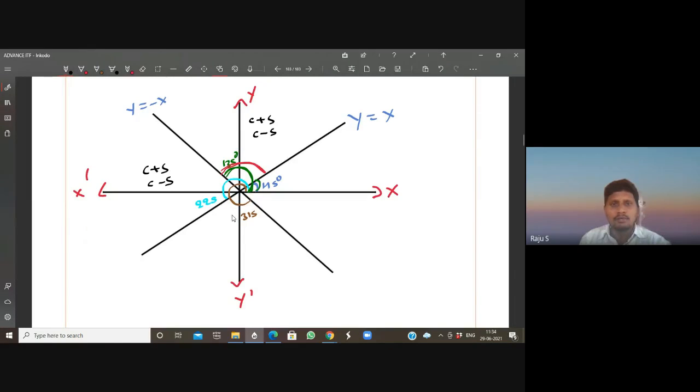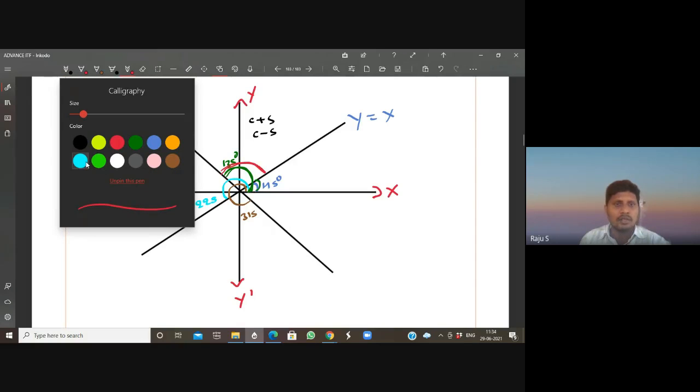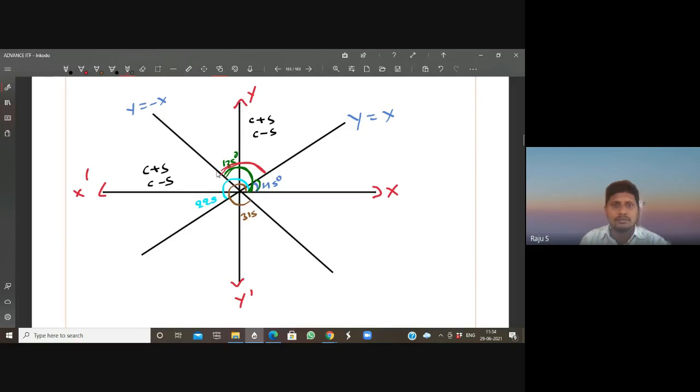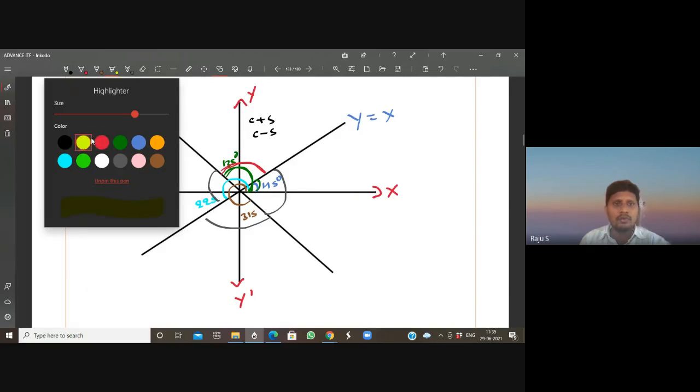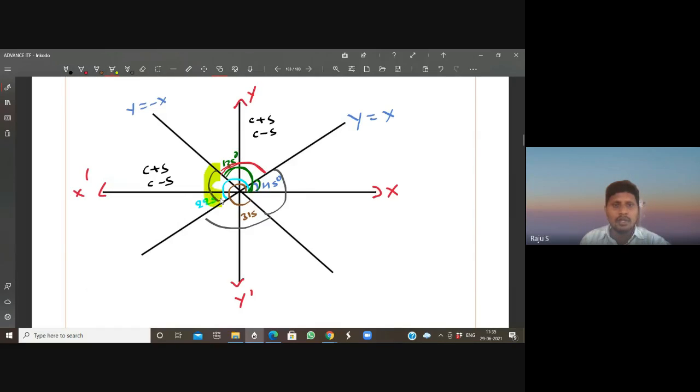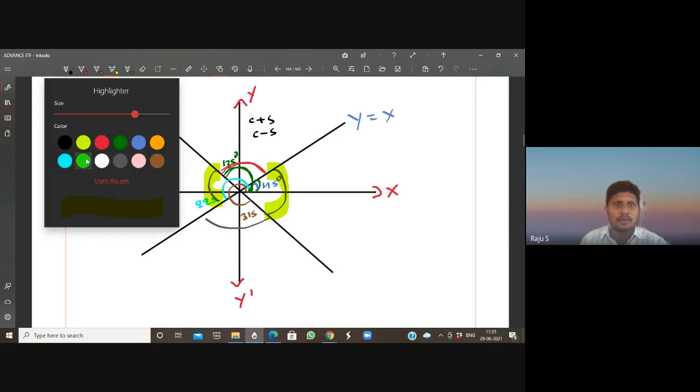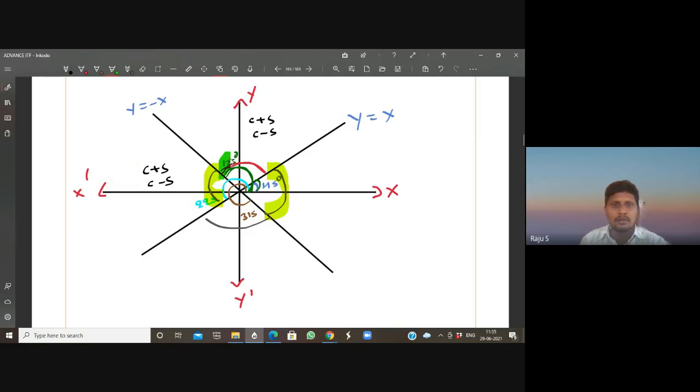Here, then I'm going to take here, so all these cases, right? Now I want to know, this is one complete angle, this is one complete angle, this is one complete, this is one complete.